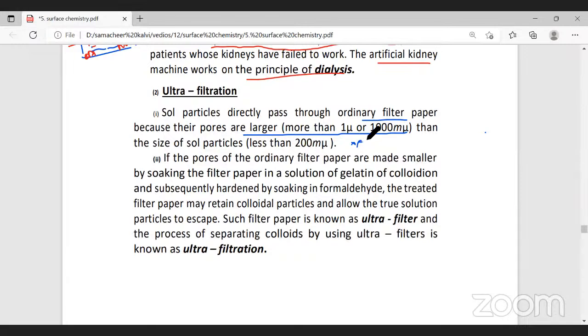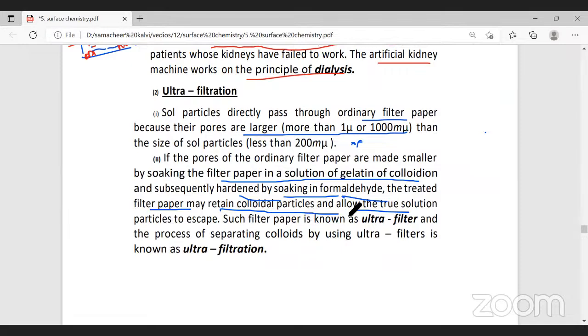If the pore size of the ordinary filter paper is made smaller by soaking the filter paper in a solution of gelatin or colloidal, and subsequently hardening it by soaking in formaldehyde, the treated filter paper may retain colloidal particles and allow only the true solution through.